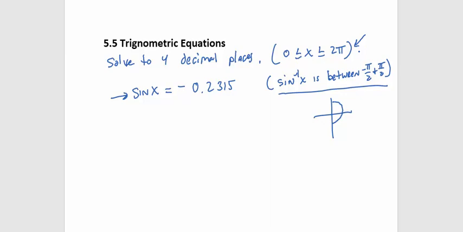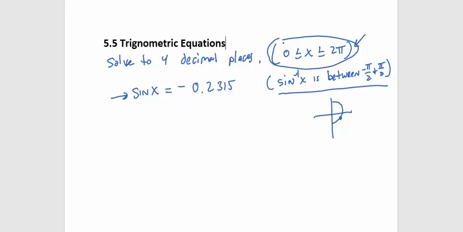So if you end up with a negative answer down here, which is what we're going to do, we want to turn that answer into one between 0 and 2 pi. So go ahead and give this a shot, and when you get done, hit play to see how you did.